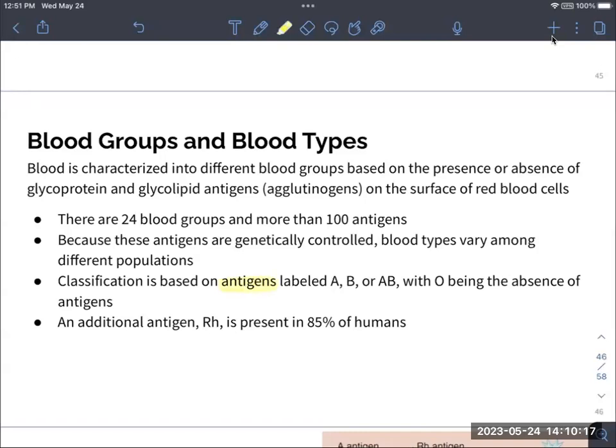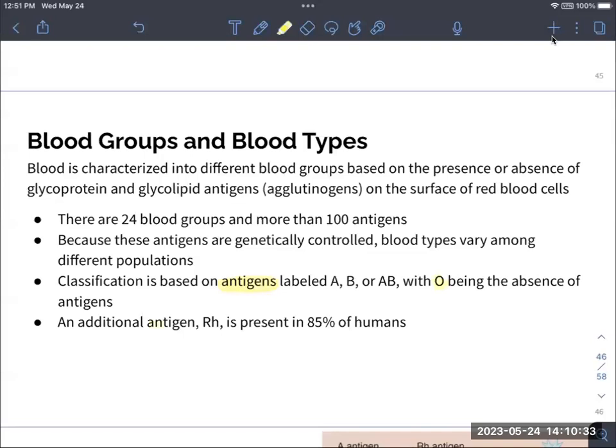Antigens are something that is found on the surface of red blood cells. Some red blood cells have specific antigens, or if you're type O blood, you don't have any antigens.